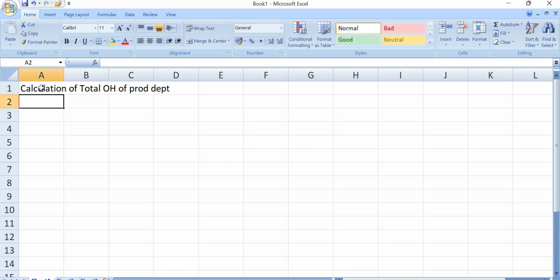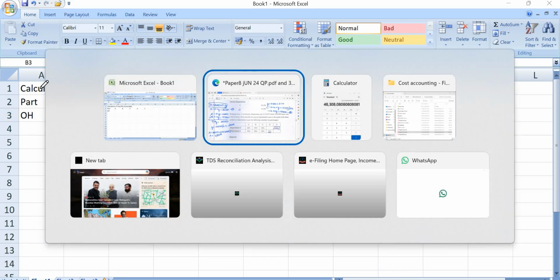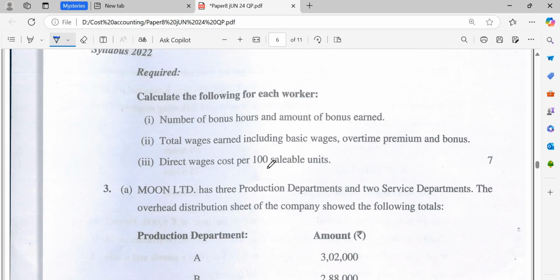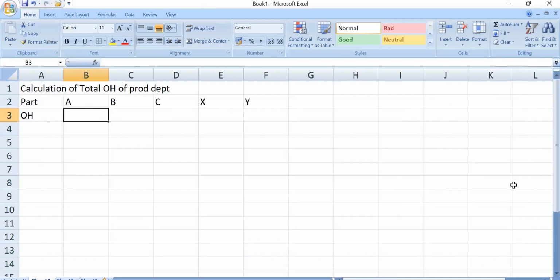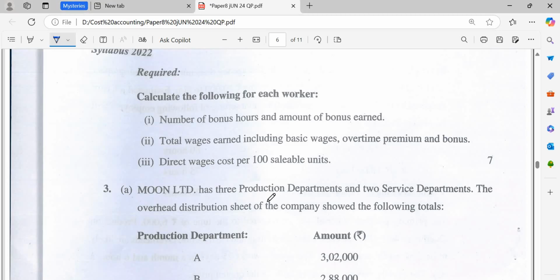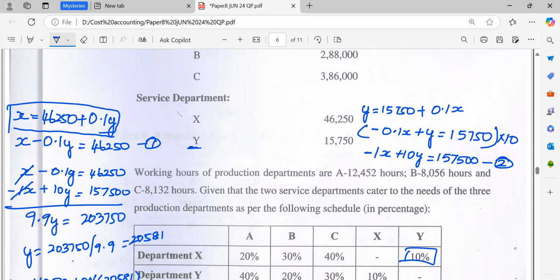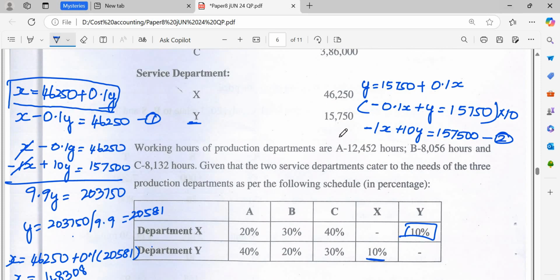Particulars: A, B, C, and we have service departments X and Y. So the overheads we already have in the question: 3,02,000, 2,88,000, 386, and we have 46,250 and 15,750.